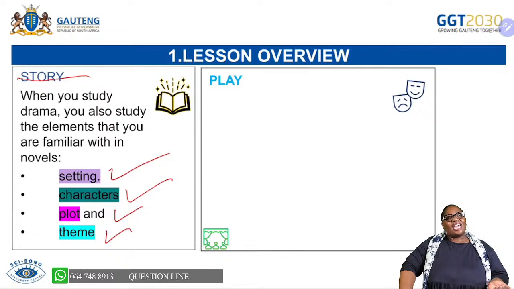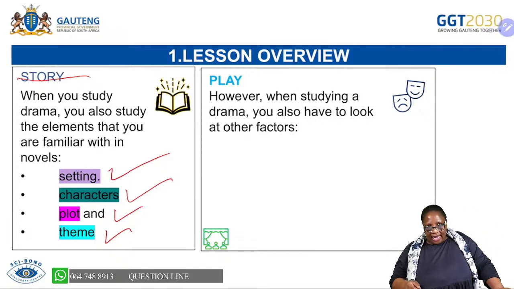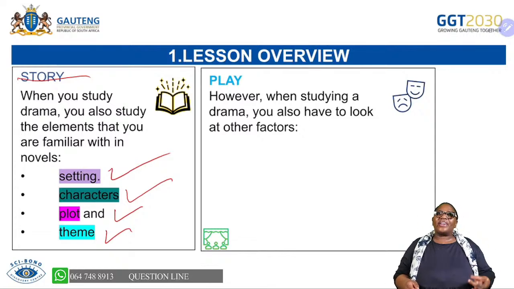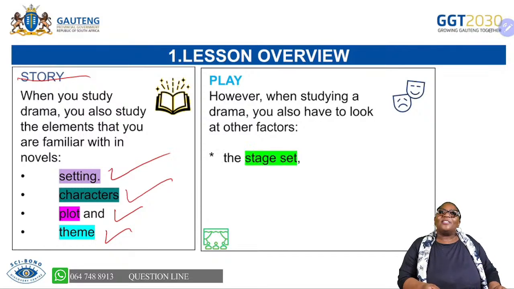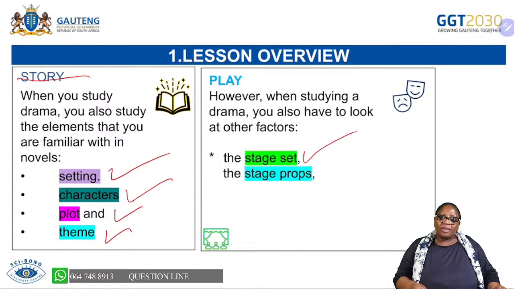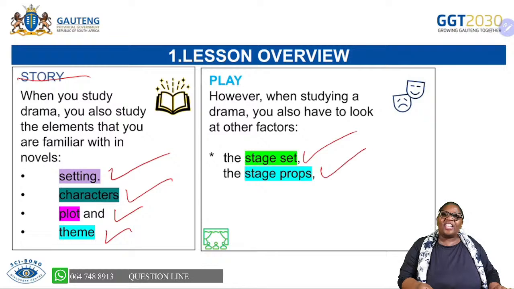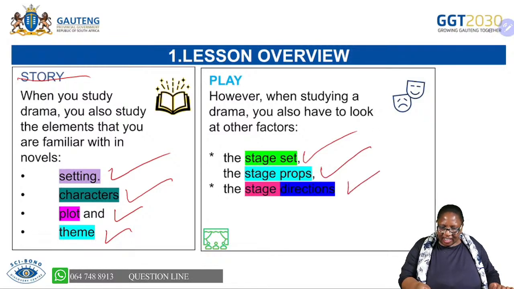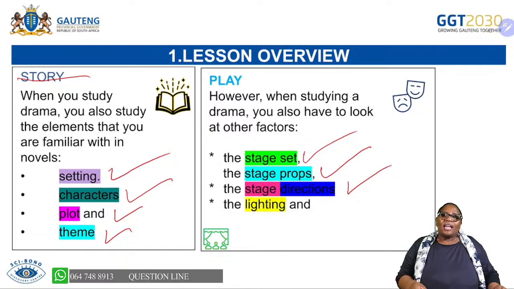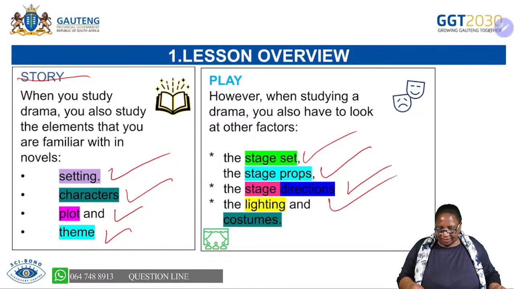Then there is an added layer when you do study a play. You study your setting, your character, your plot, theme, and you also study the stage set, the stage props, the stage directions, the lighting, and the costumes.